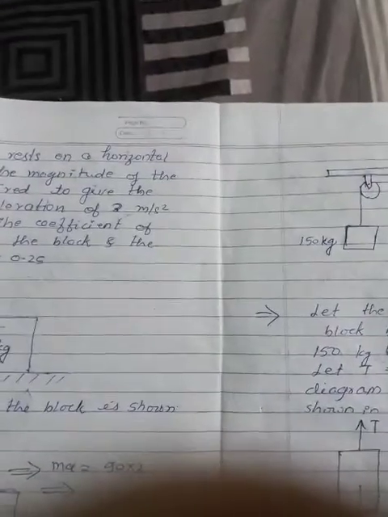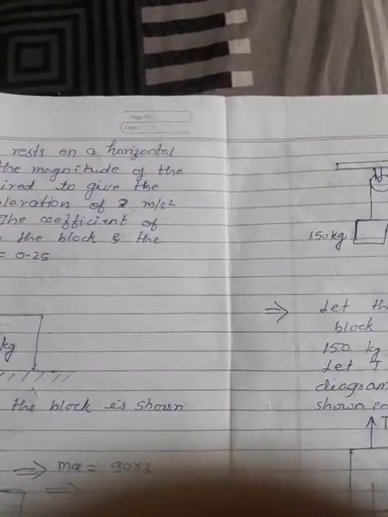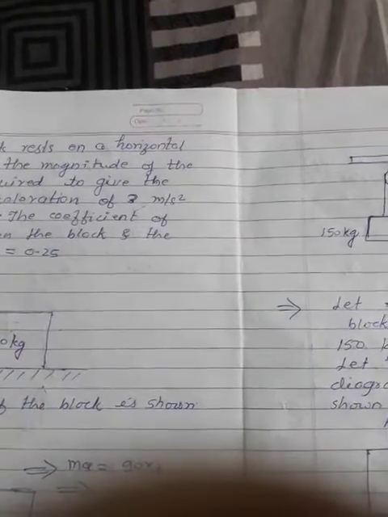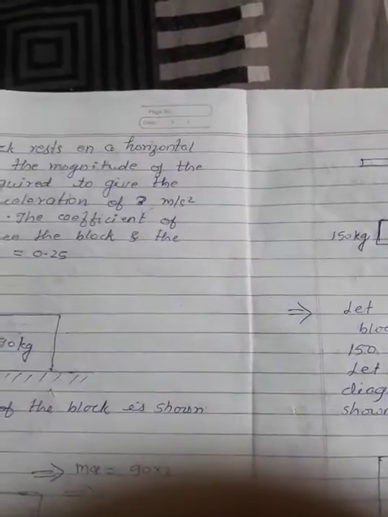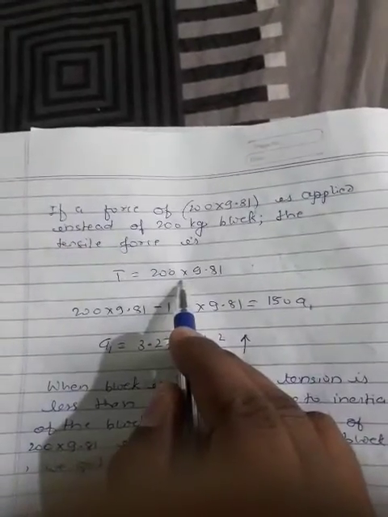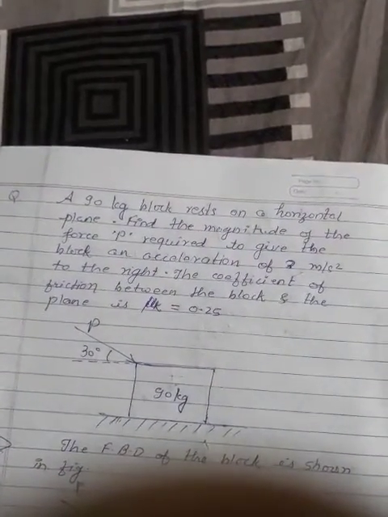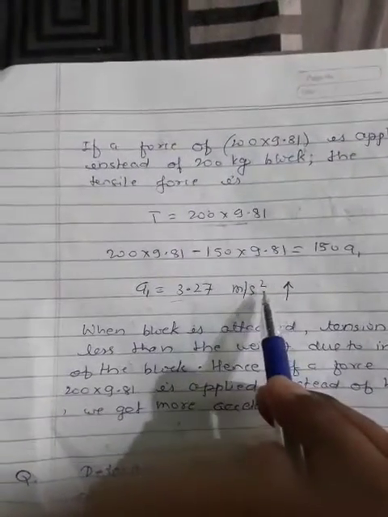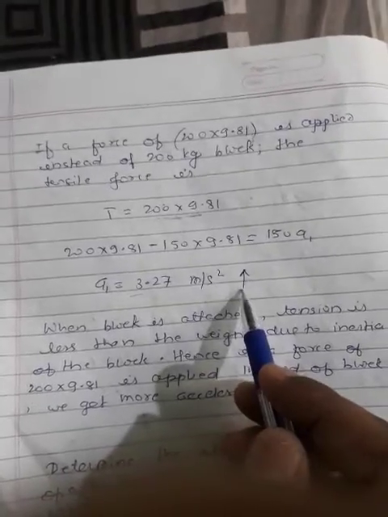See, if I remove the block and apply this force, 200 into 9.81, the same tension will develop in the system. So T equals 200 into 9.81. This T value I am putting in equation 1, and I will get the acceleration as 3.2 meter per second square in the upward direction.